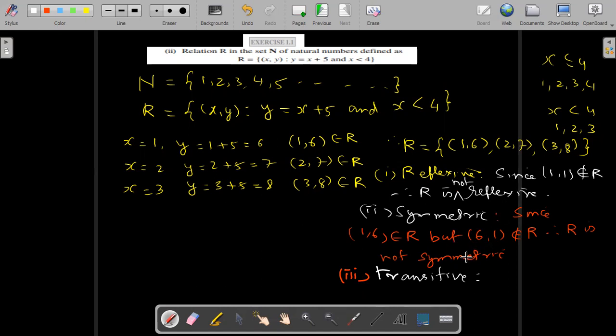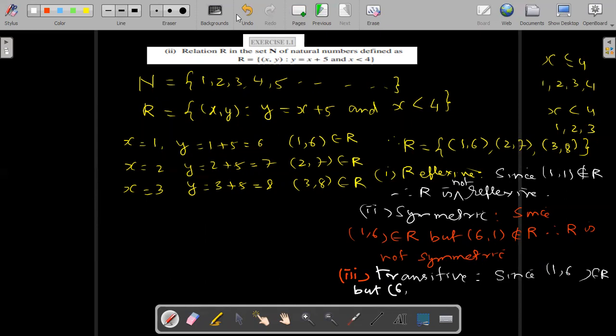Suppose (1, 6) belongs to R, there is no ordered pair in R which has 6 as the first element.